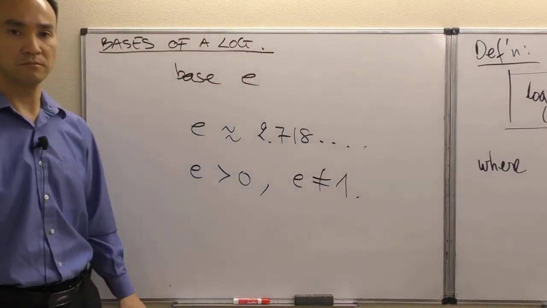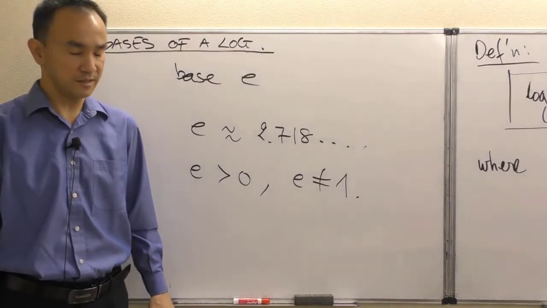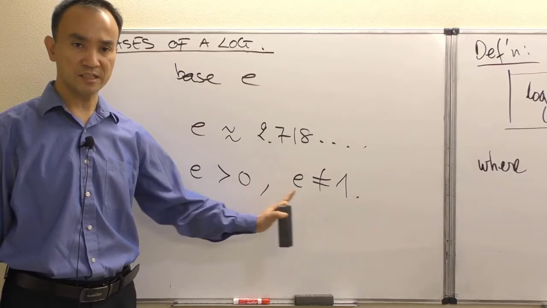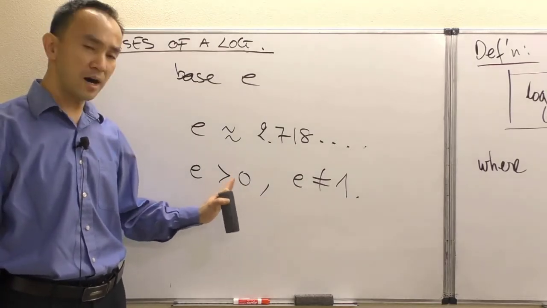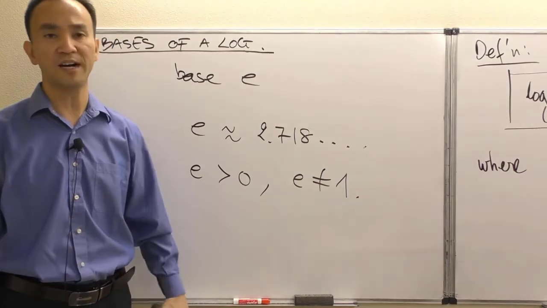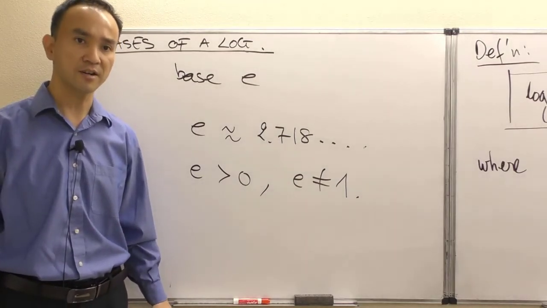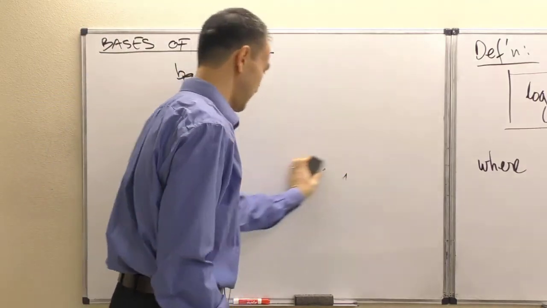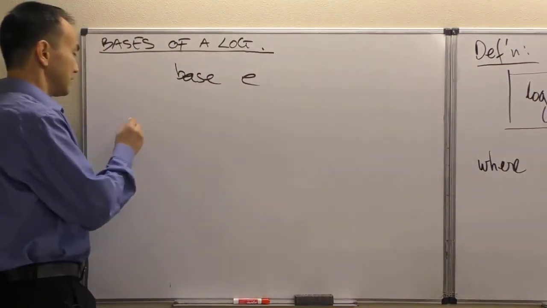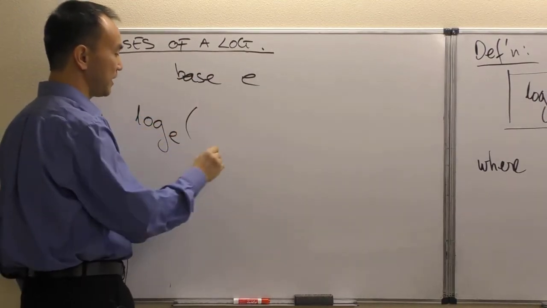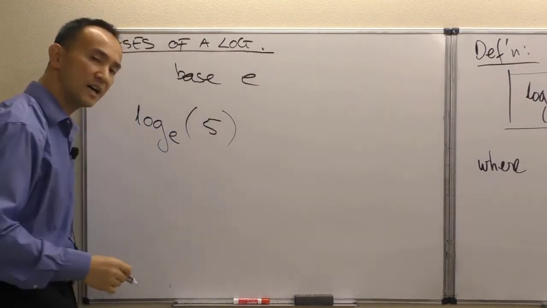And just like what I said earlier, as long as we're working with a number positive and other than 1, that number will qualify to become the base of a logarithm. So in that way, yes, there is now legally a log base e of a value, like say log base e of 5.